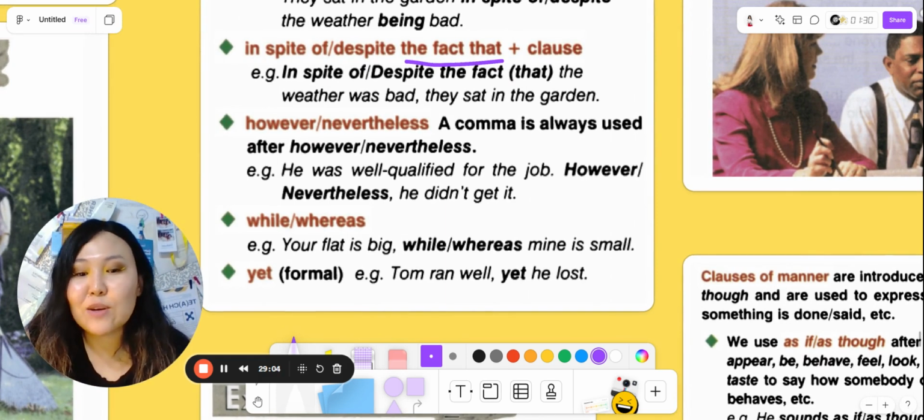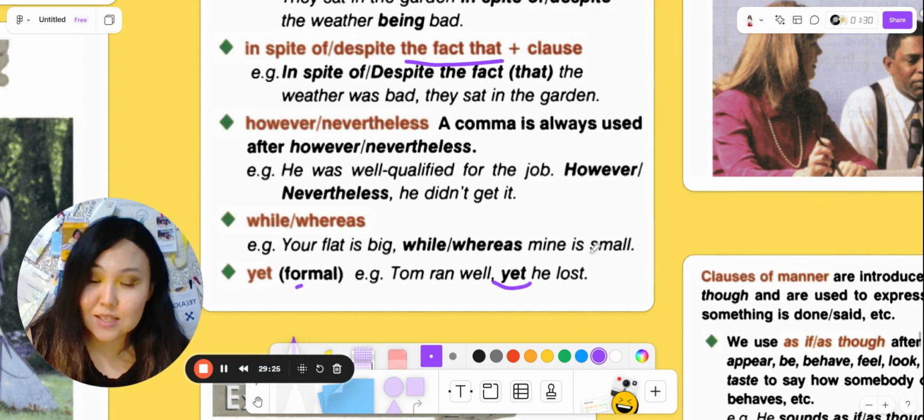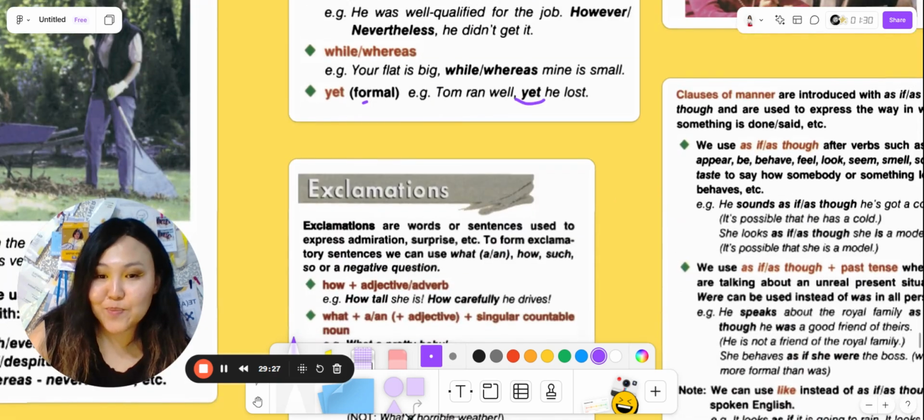Your flat is big, whereas mine is small. And the last one is yet. It's formal, and it sounds like: Tom ran well, yet he lost. We can hear it in some movies, or we can see it in books. It's more formal, but it doesn't mean you can't use it in your speech.